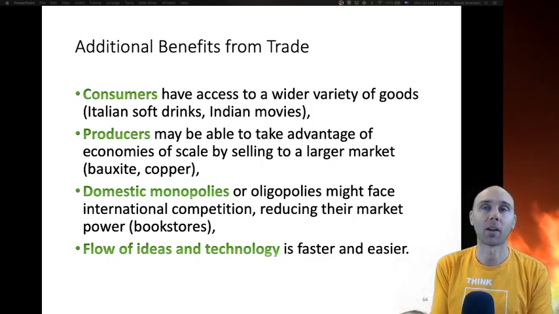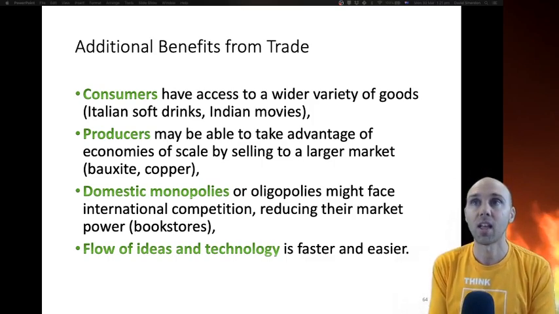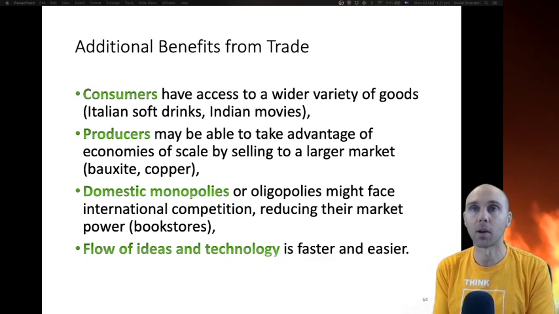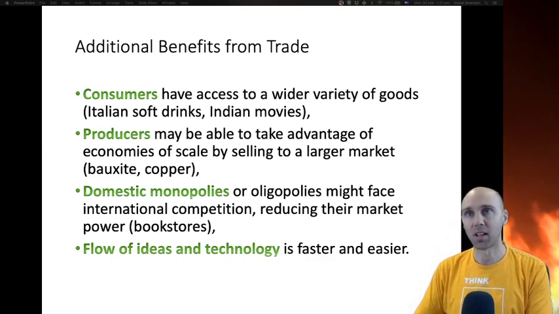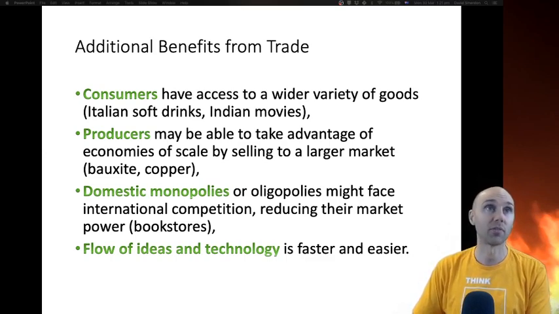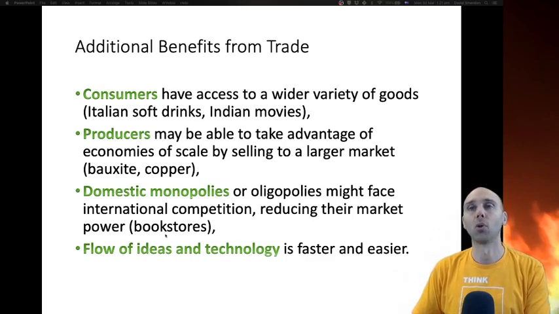We can see that their market power has been reduced by Aldi coming into our market, for example. And also when you've got different countries that are specializing in different technologies and different production ideas, opening up to trade helps the flow of those ideas and technologies to happen easier and to happen faster.